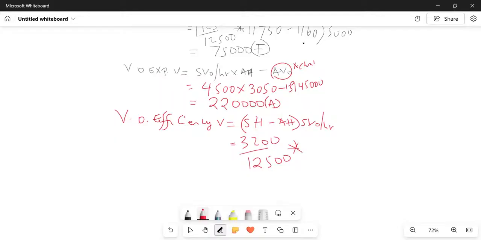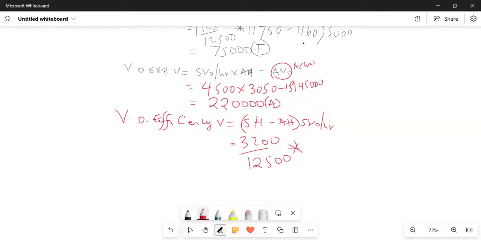For actual production. Mulikosea? Aya, mulifanyaje? SHA. So mulichukua nini times nini? The standard hours are 3,000? Minus actual.